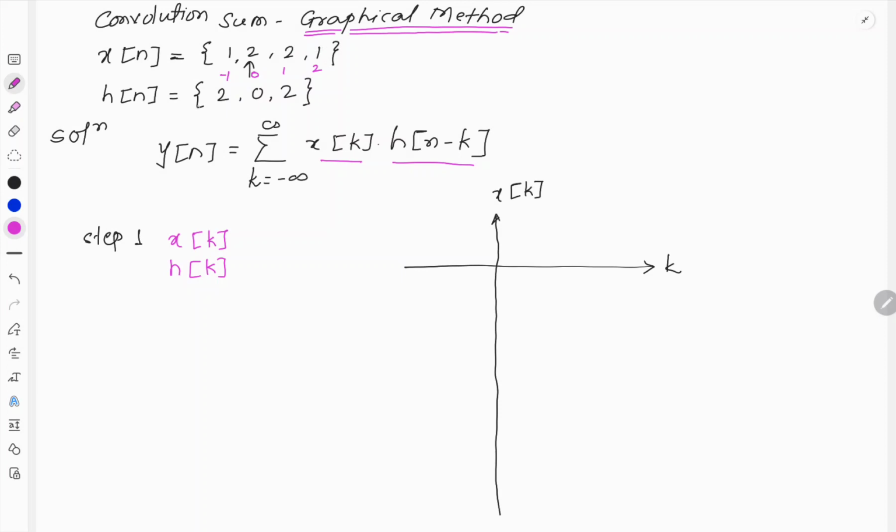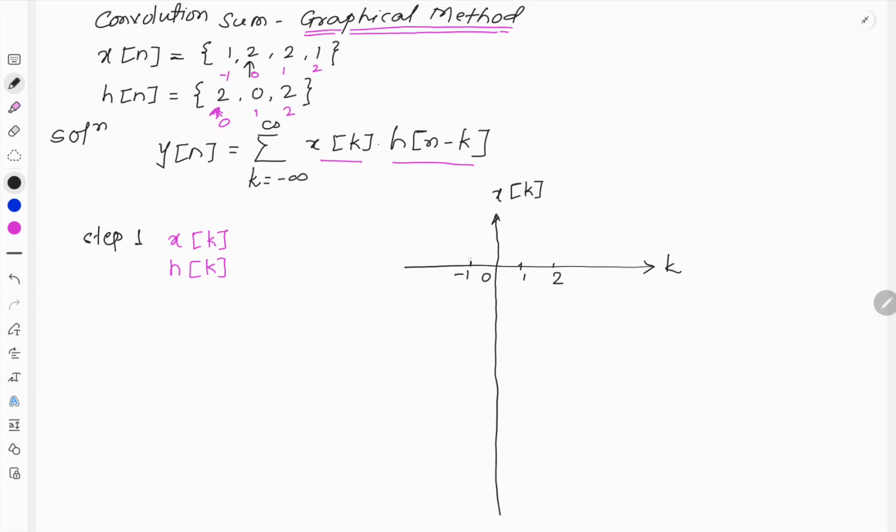Now when it comes to h of n, here we do not have an arrow. In such cases, we assume that the first element is at origin. So its index will be 0, then 1 and then 2. So we have to draw these signals. For x of k, we draw from -1, 0, 1 and 2.